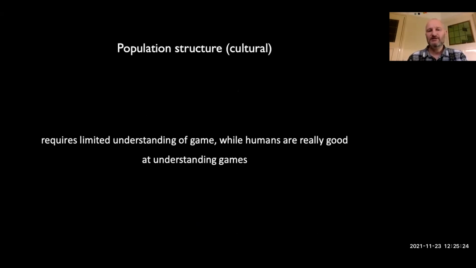So for this to work, what you need is a limited understanding of games, and that's actually something that we're not good at. We're really good at understanding incentives, and it's also the case that if we have humans in the lab and we find them to cooperate in a prisoner's dilemma, then it's not the case that they really would like to get high payoffs, but they don't know how to get the high payoffs.